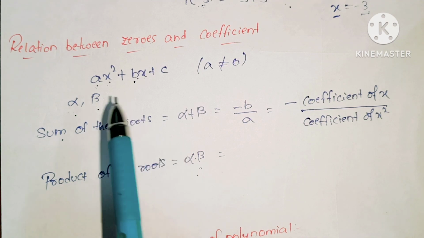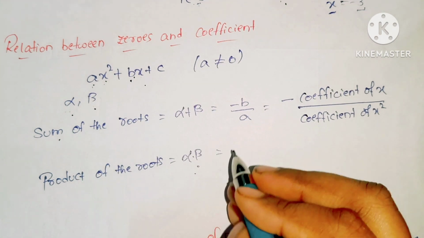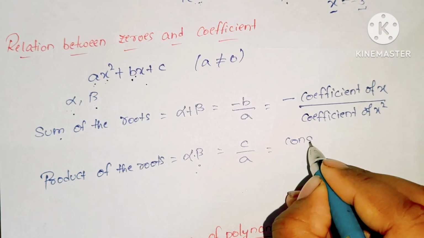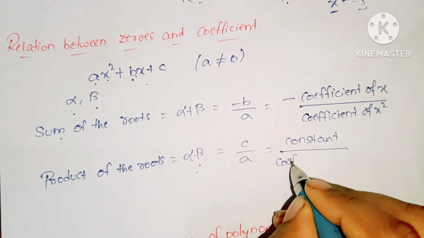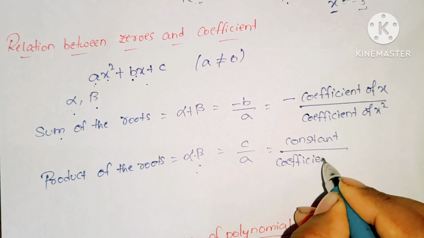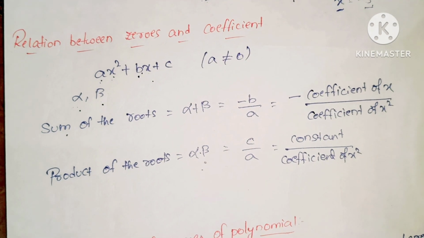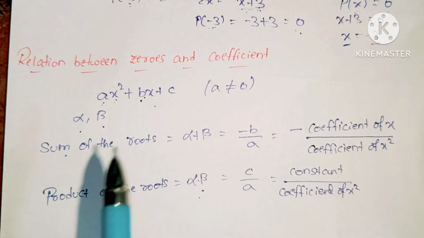If you do not have roots, with the help of coefficient you have to find out this product of the roots. Then the formula is c by a. Okay, c means nothing but constant, a is nothing but coefficient of x square. Understood?